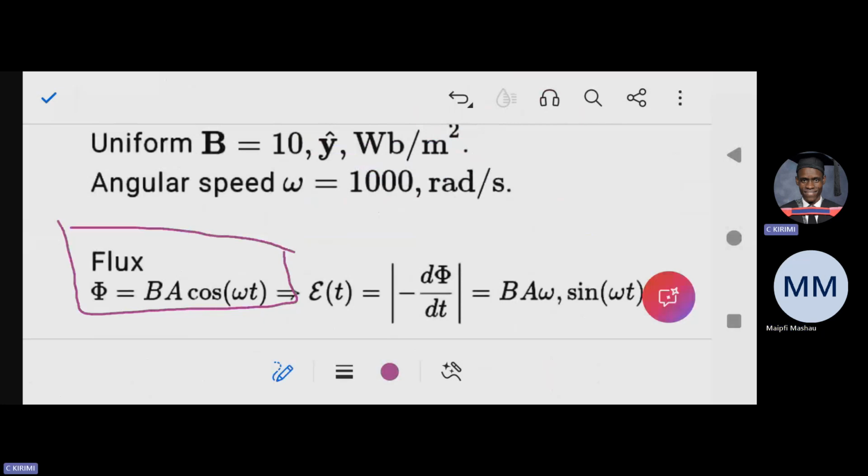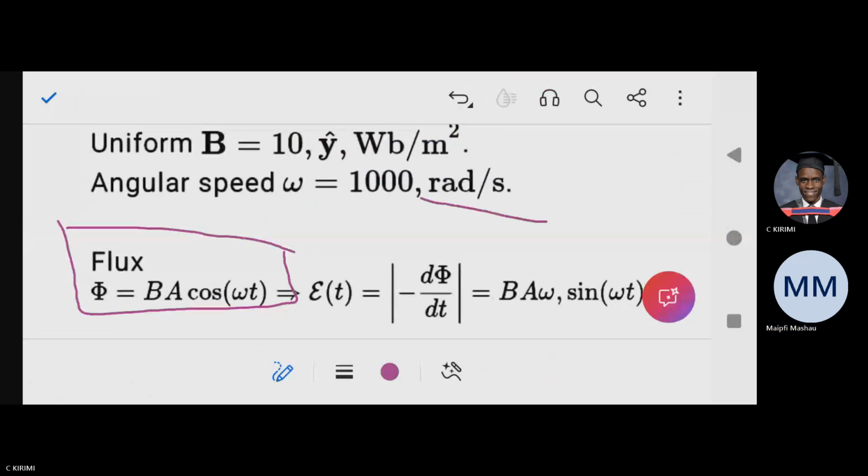We are differentiating the flux with respect to time. So let's differentiate BA cos omega t with respect to t. What is the derivative? BA is a constant.